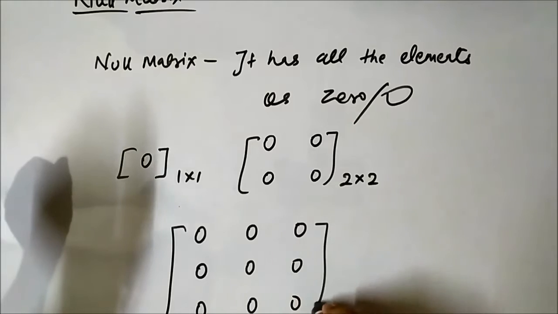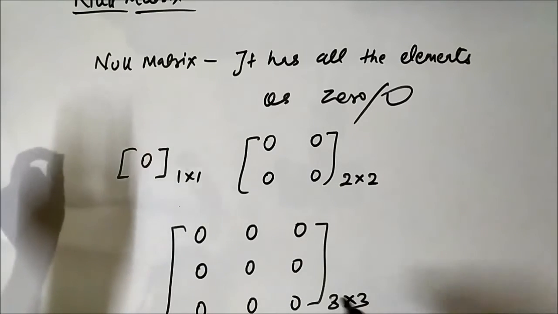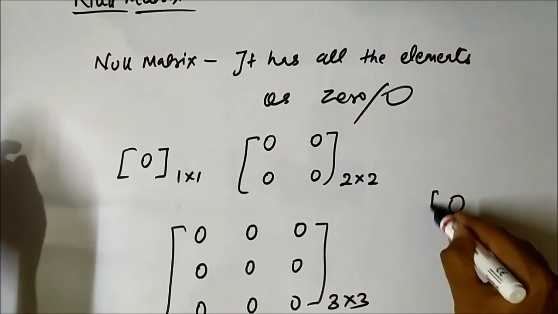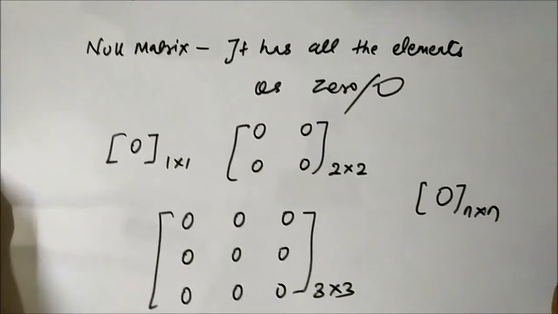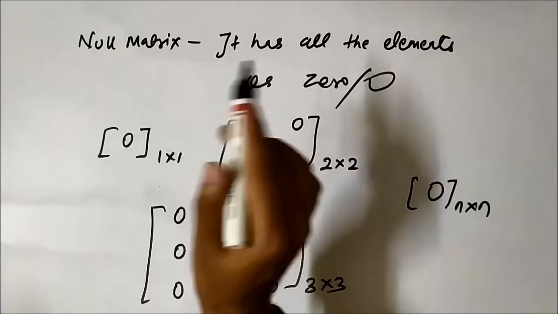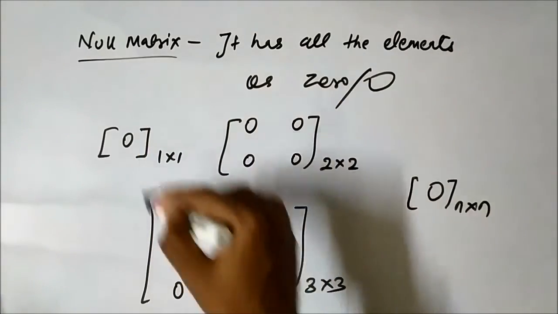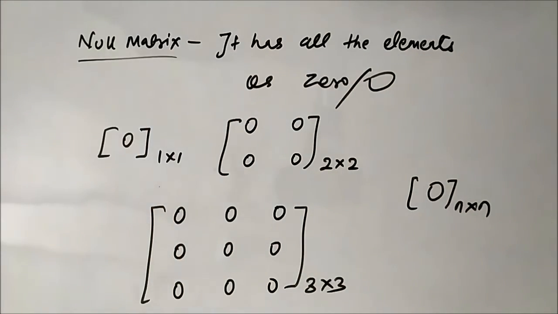This is a 3 cross 3 null matrix. Similarly, we can have an n cross n null matrix. The order can be as per our wish, but the only restriction is that all the elements of a null matrix are 0. Okay, so that is what a null matrix is.